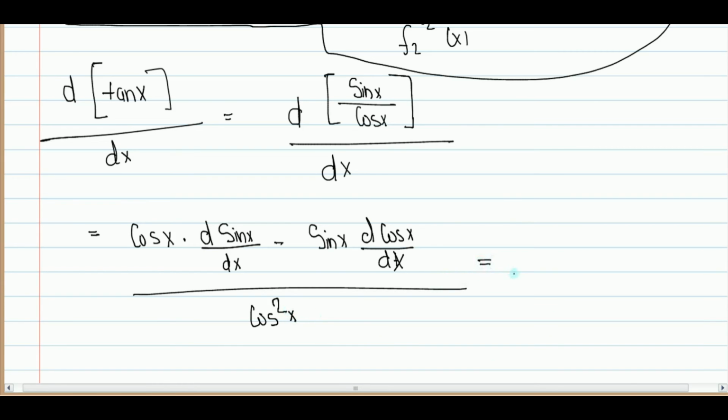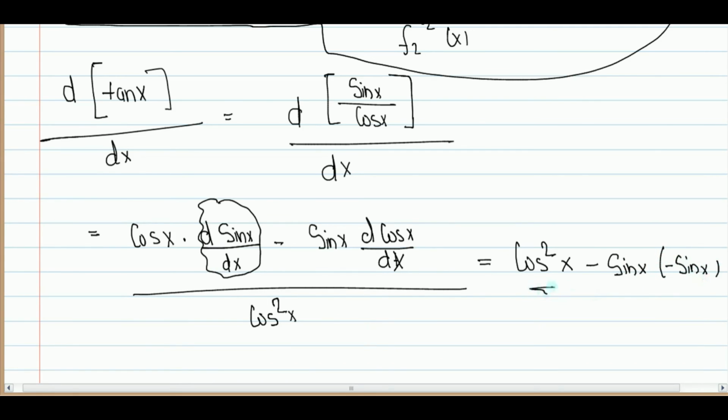Fine. So the top one will be cos square x, because the differentiation of sin x with respect to x will be equal to cos x. Cos x into this cos x will be equal to cos square x, and minus sin x, and the differentiation of cos x with respect to x is minus sin x.